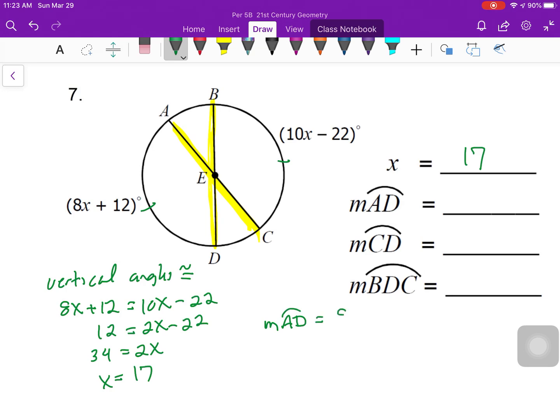The arc from A to D is going to be 8 times 17 plus 12, 148.